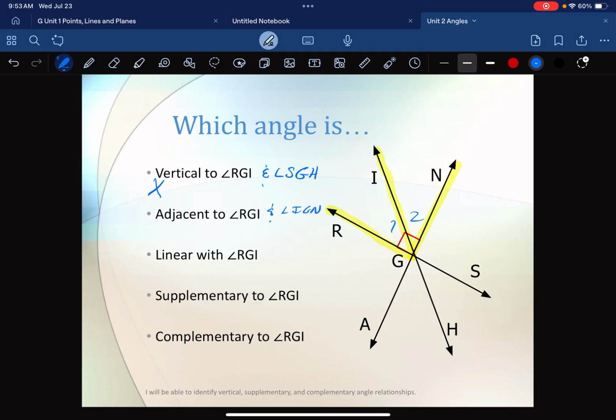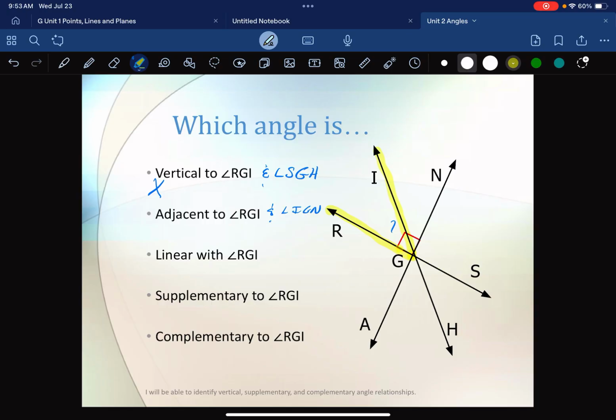Okay. How about linear with RGI? Well, I like the fact that they keep using RGI. Well, wait a second, I'm the they. I wrote this, so let's try this again. Now I'm looking for linear with RGI. So what I need is a straight line. I either need line RG highlighted the whole way, or line IG highlighted the whole way.